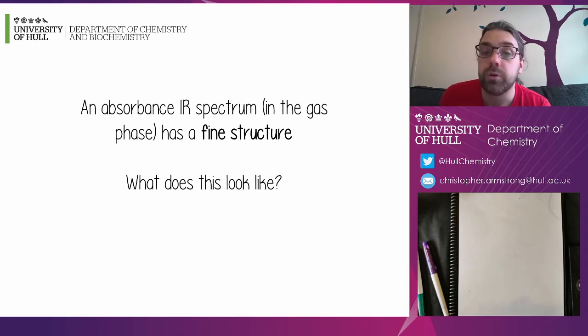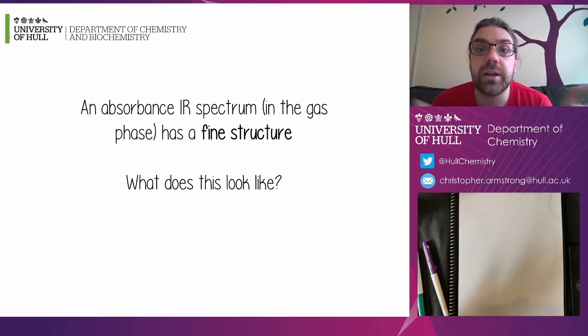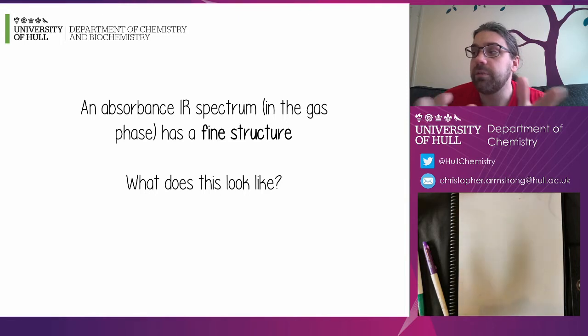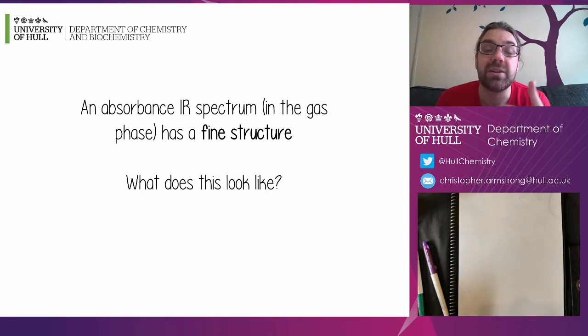And we are talking only gas phase here because if you start having things interacting with each other in liquids or in solutions, everything gets a lot more squashy and a lot more complicated. There's a lot more that will change the energy as it interacts with solvent and tumbles around. But you put everything in the gas phase, the molecule's in ideal conditions. It's not interacting with anything else really strongly, so you get a fine structure out.